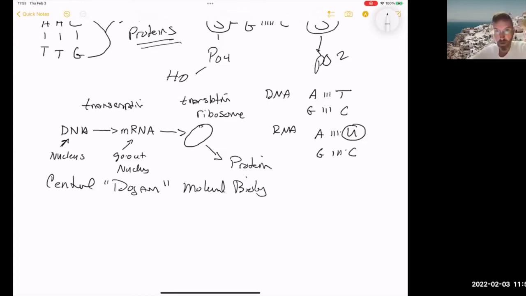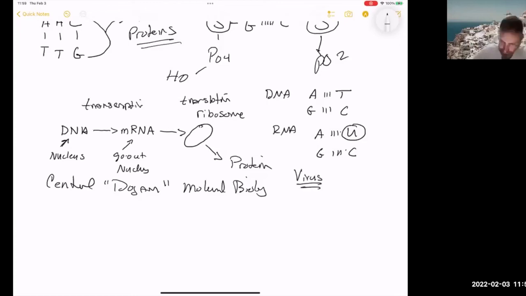We could always be wrong. But essentially what this says is that there's one direction: DNA, RNA, protein, right? That's the main direction. Now, there are certain cases where the direction can go the other way, but that's abnormal, that's pathological. And one example of this involves certain viral infections.